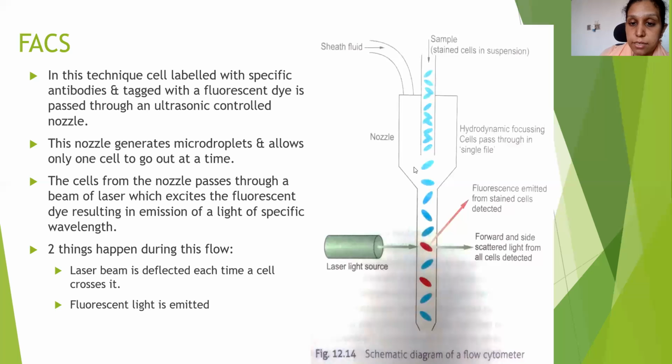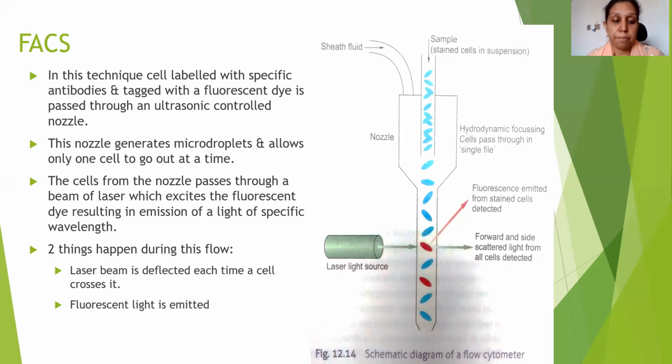The cell from the nozzle passes through the laser that excites the fluorescent dye, resulting in emission of light at a specific wavelength. You can see that the laser is thrown on the cells and fluorescence is emitted from the stained cell, which is detected according to the wavelength.